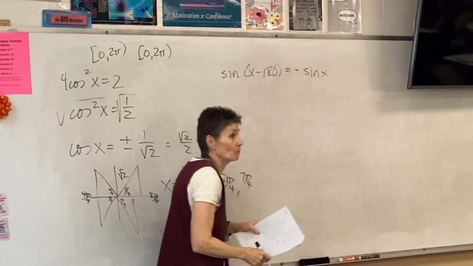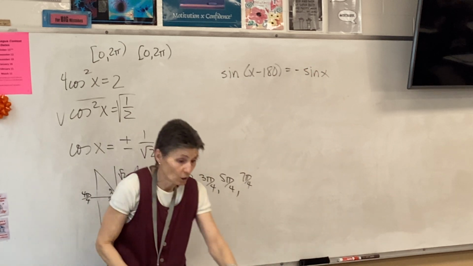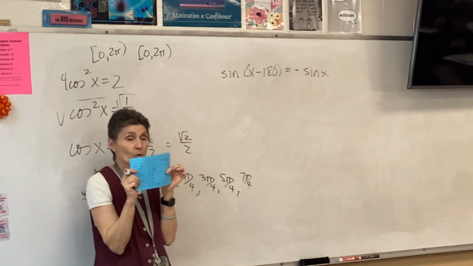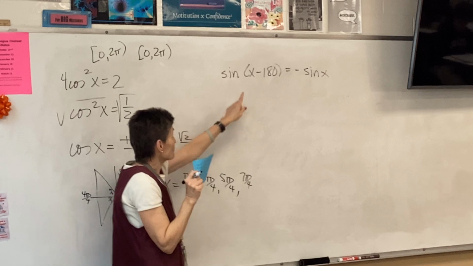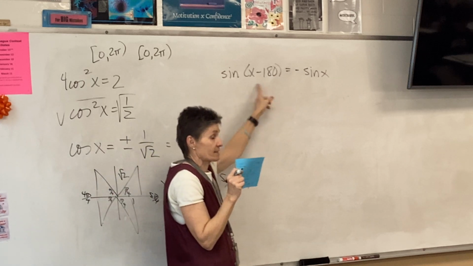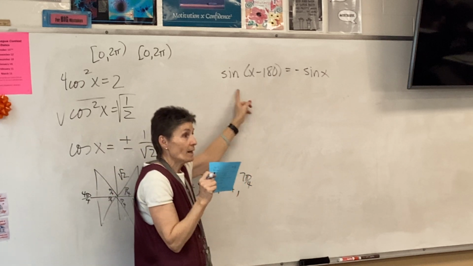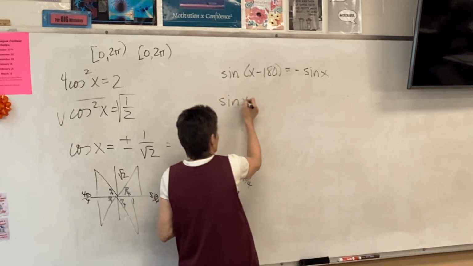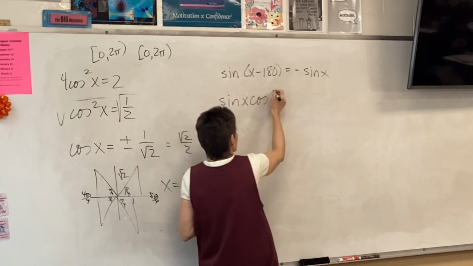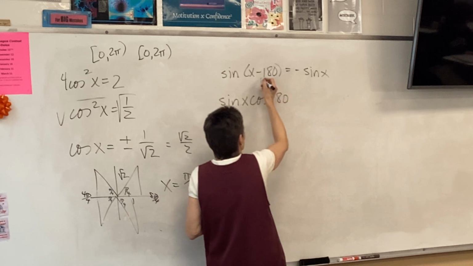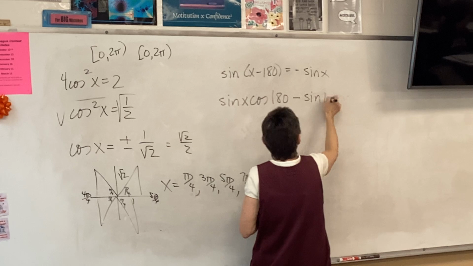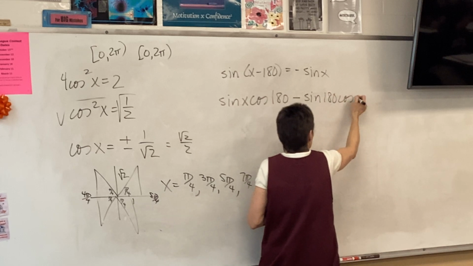Do you remember what we do? We look right here and we find a formula that tells me how to deal with this. What does it say? Sine x cosine 180 minus cosine x sine 180.